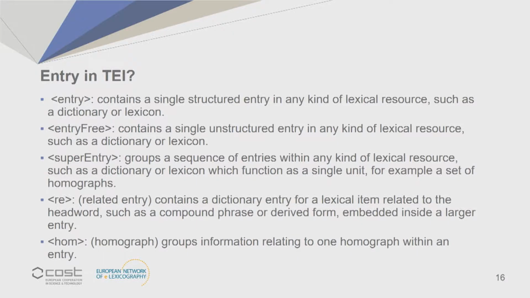I won't go too much into detail about the specifics because this is not the time for it. But there's 5 different elements in TEI to describe an entry. Right? You can use entry, you can use super entry, you can use entry free, you can use related entry, and there's even a special tag for homographs. So that's a mess.